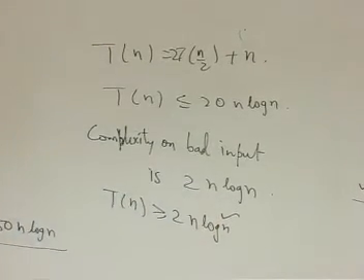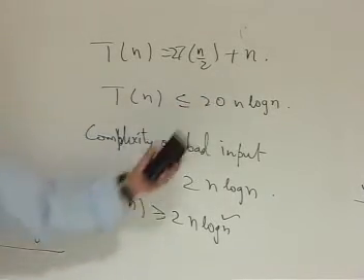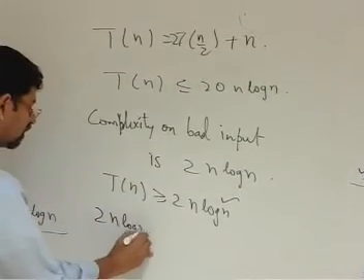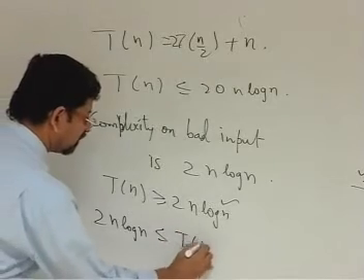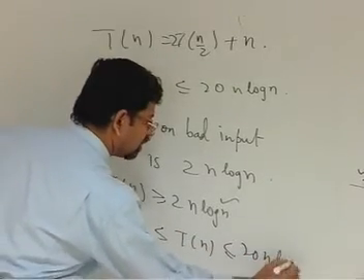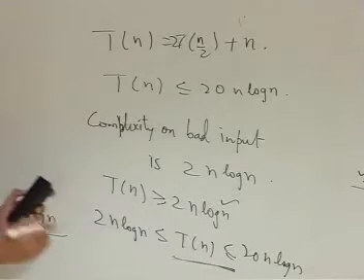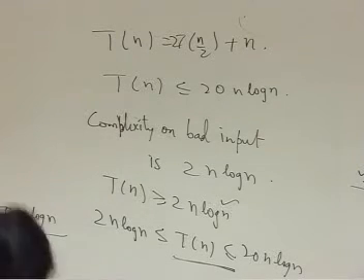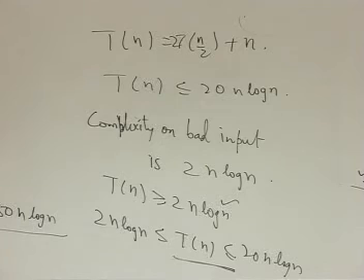Right? This you have proved. And here you have proved this. So what you have proved is 2n log n ≤ T(n) ≤ 20n log n. So you have sandwiched T(n) between two quantities which have the same expression, right?